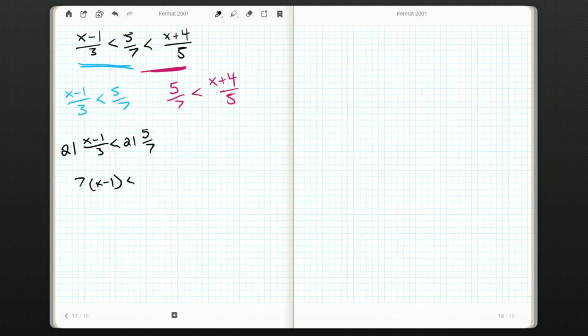X minus 1 is less than 21 divided by 7 is 3, so that should be 15. Okay? 7x minus 7 less than 15. And so we'll have 7x, we add 7 to both sides, we'll get 22 over here. So x needs to be an integer less than 22 over 7. And that's just a little over 3. So any integer less than or equal to 3 will satisfy the blue inequality.